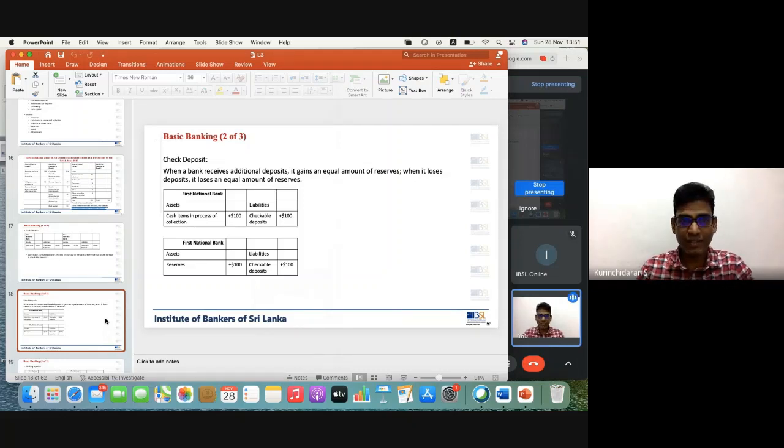So here there are two things. First, you debit cash items in process of collection. So finally, your accounts are checkable deposits 100 and reserves 100. When it comes to check deposits, I hope that's clear, right?